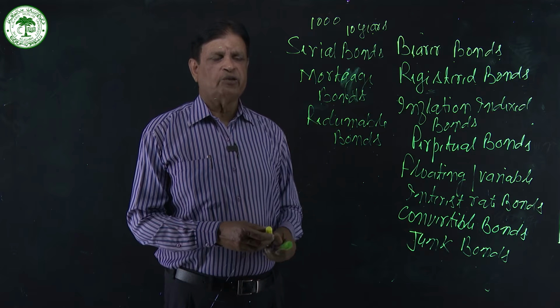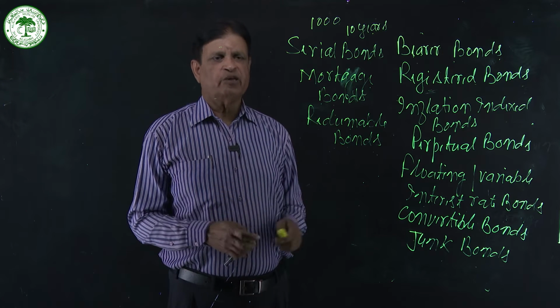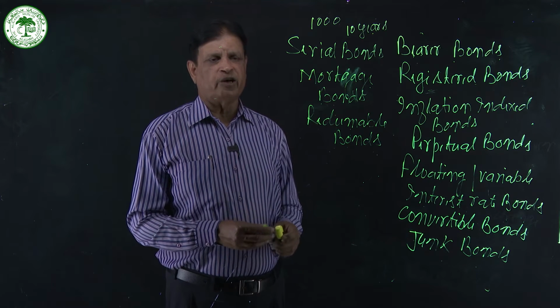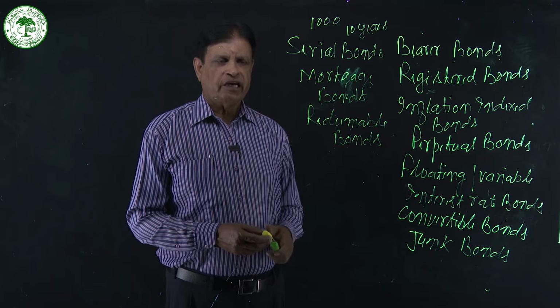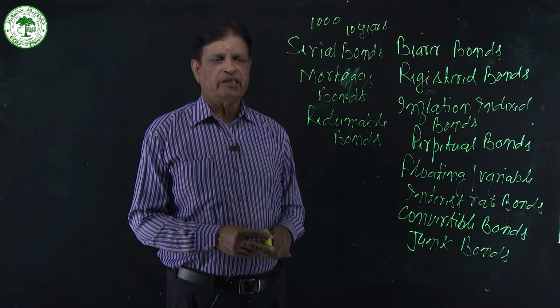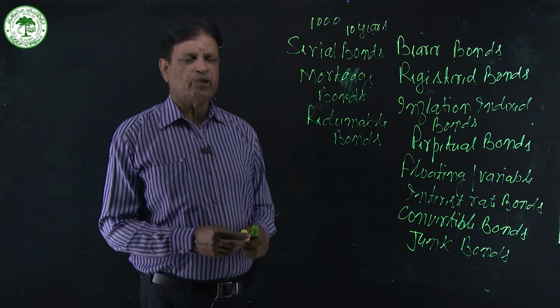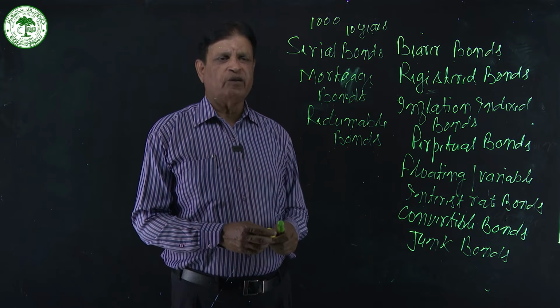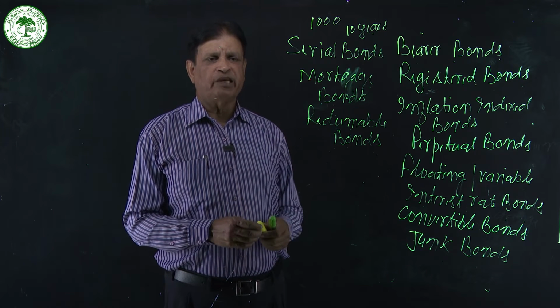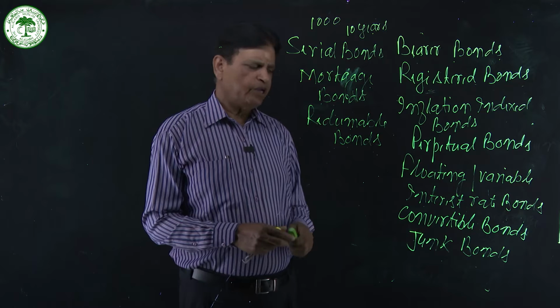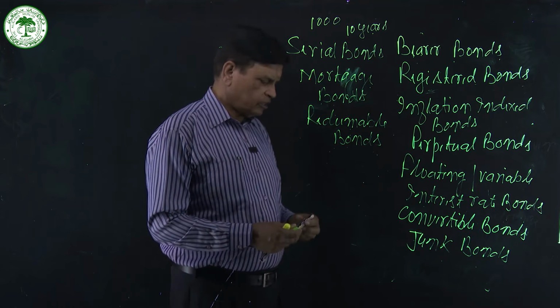These bonds are known as redeemable because the payment will be made on maturity, but here the issuer may purchase these bonds before maturity, and usually the bonds are purchased at face value and the interest for the period the bond is held is also paid. So these are known as redeemable bonds.